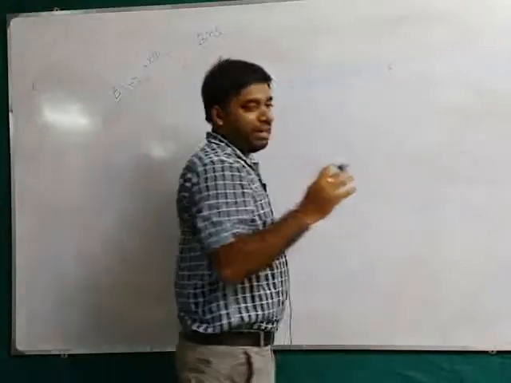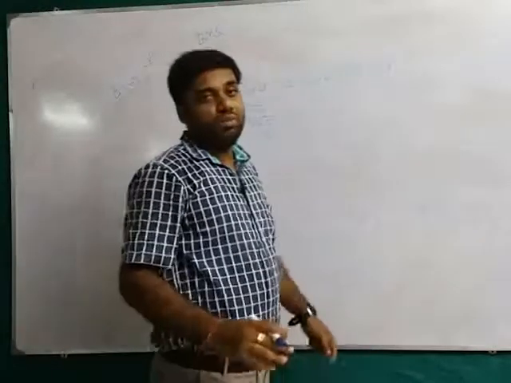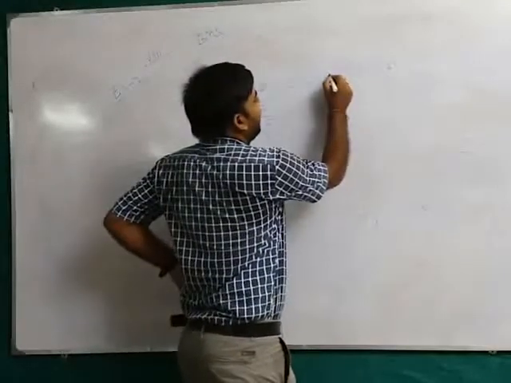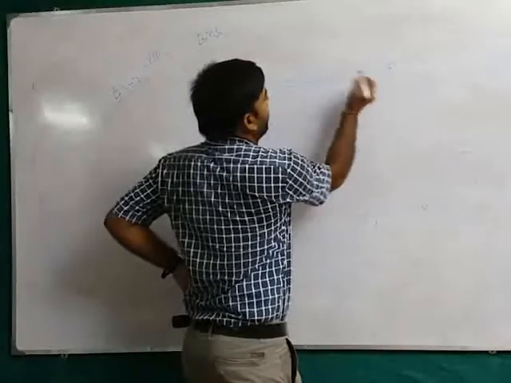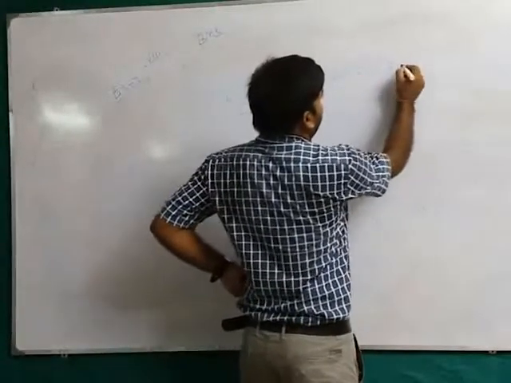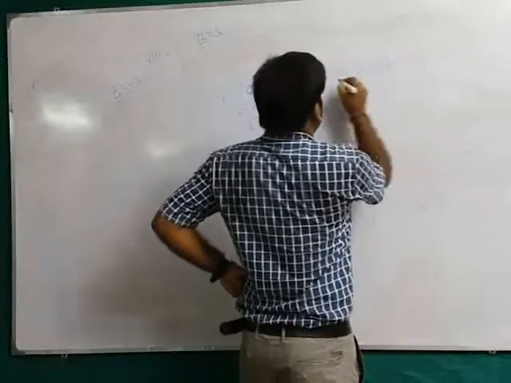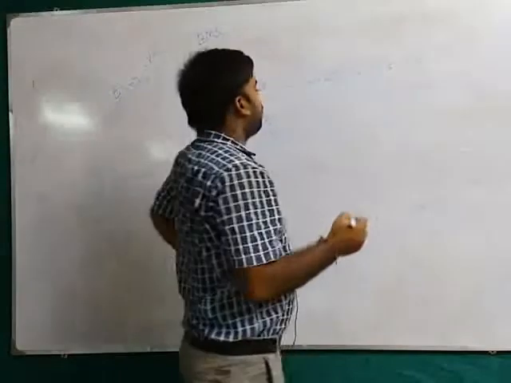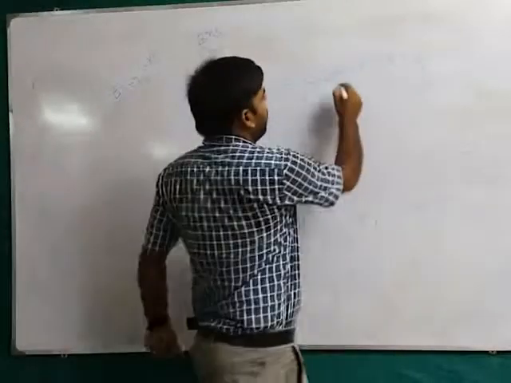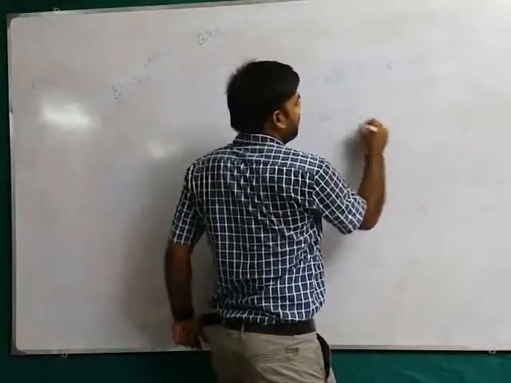The factors 2 and 5 cannot form triplets. To make a triplet of 2, we need one more 2, and to make a triplet of 5, we need one extra 5. So with 100 we have to multiply 2 and 5, that is 10.